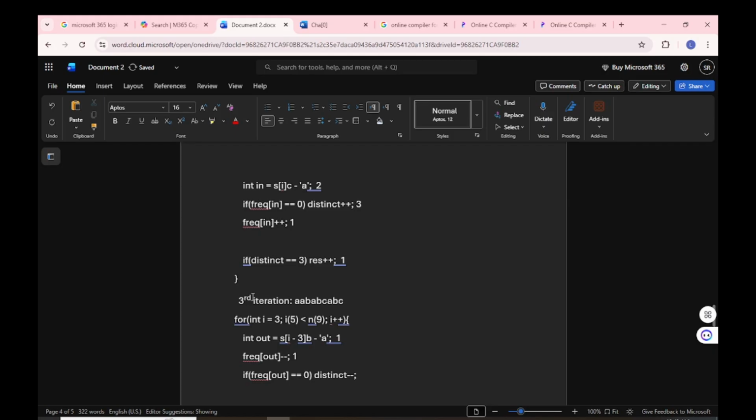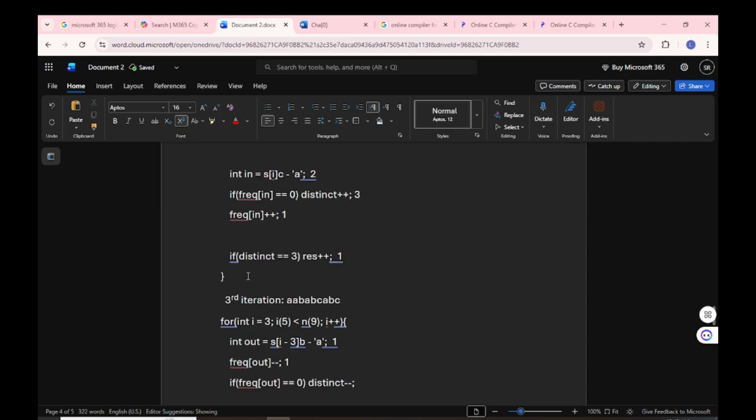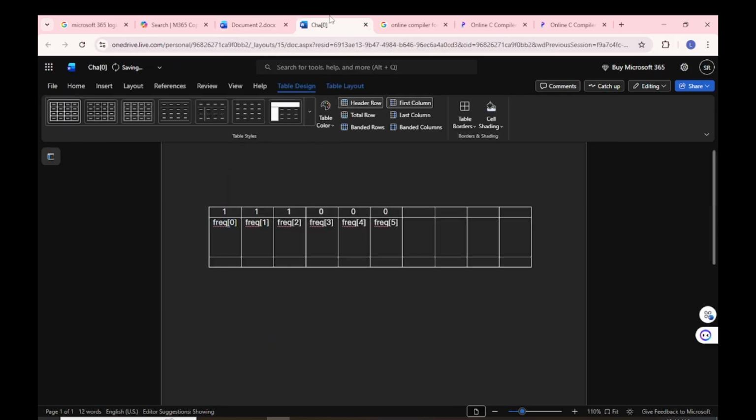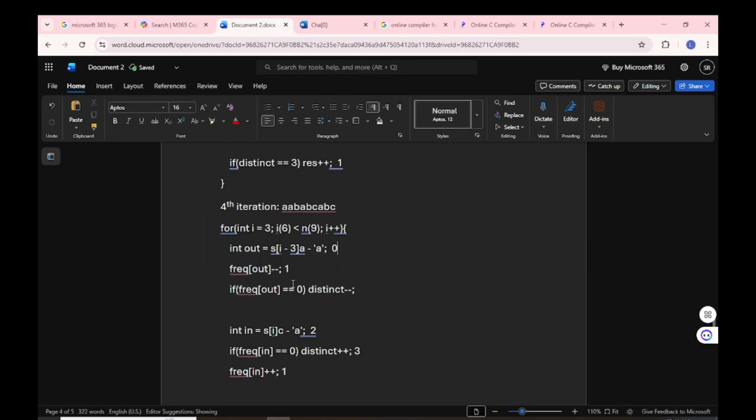So now we have fourth iteration. Here will be 6. So 6 minus 3 is 3, 0, 1, 2, 3. a would be here. a minus a, that means 0 again, guys. So this is not 0. We had 1 value here, right? So frequency out is not 0, this is going to be false.